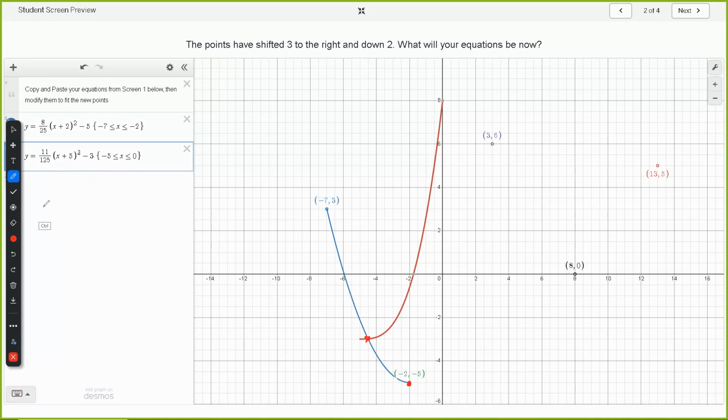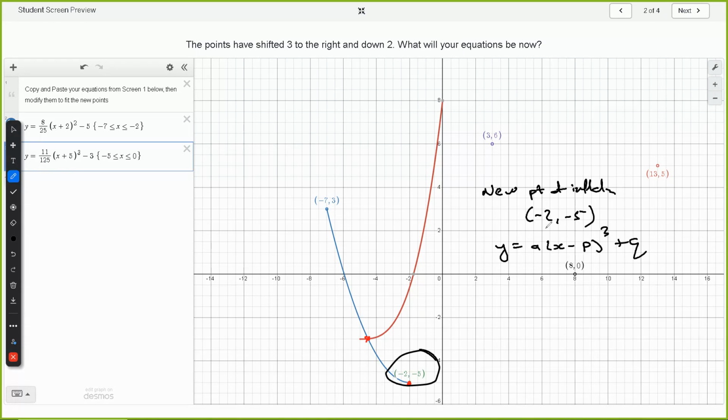Okay, so let's make some notes on this as well. My new point of inflection is going to be -2 and -5, and remember the original graph was y equals a(x minus p) cubed plus q. P is going to be there, q is going to be there, so y will equal a(x minus -2), which becomes plus 2.